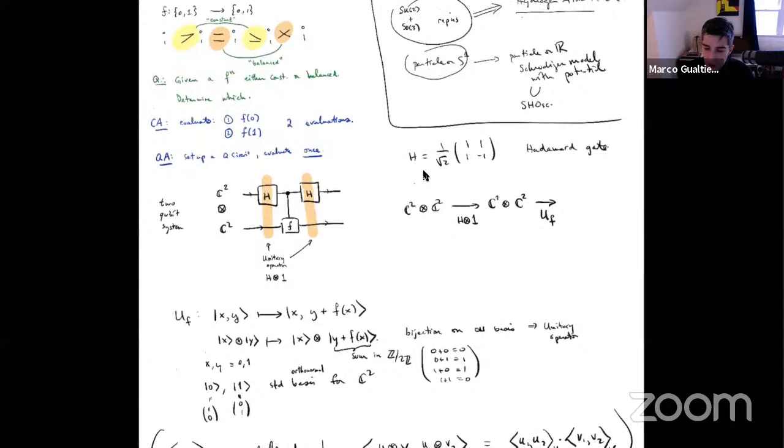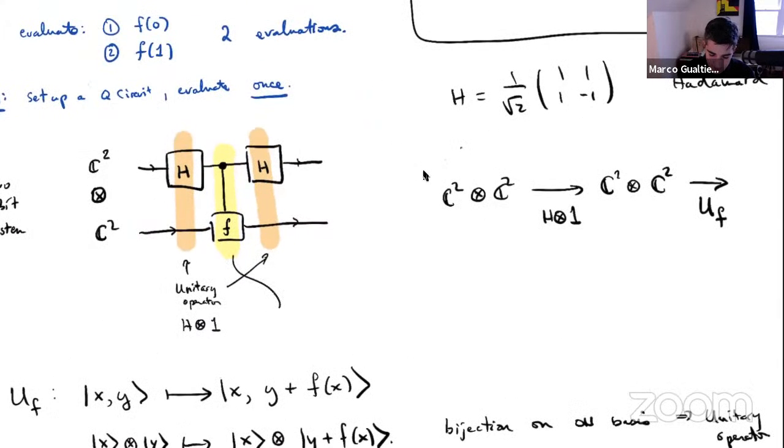So we have this other unitary operator, which we called U sub F. And so this circuit is being expressed as a composition of unitary operators acting on a tensor product of C2 with itself. That's what a quantum circuit is.